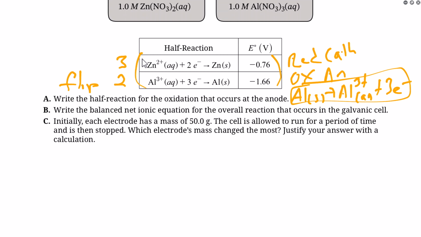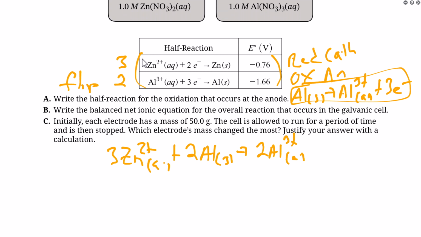So when we write this out, we're going to have 3 Zn 2+, that's aqueous, plus 2 aluminum, that's solid, arrow, 2 Al 3+, that's aqueous, and 3 solid zincs. Okay, so there's the full overall reaction here.